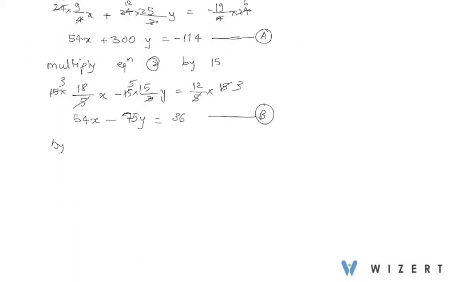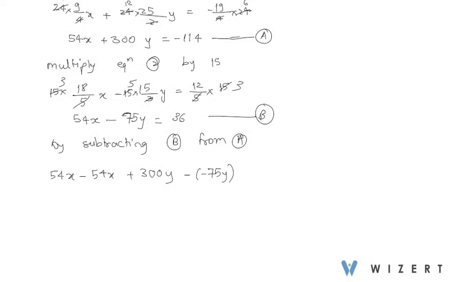Now what we can do is subtract. By subtracting B from A, we get 54x minus 54x plus 300y minus of minus 75y equal to minus 114 minus 36.